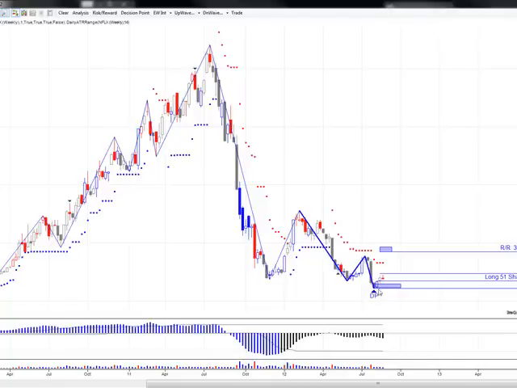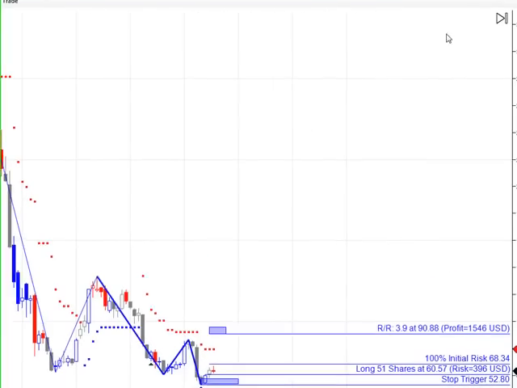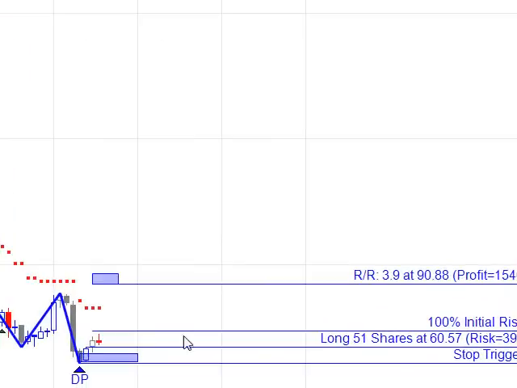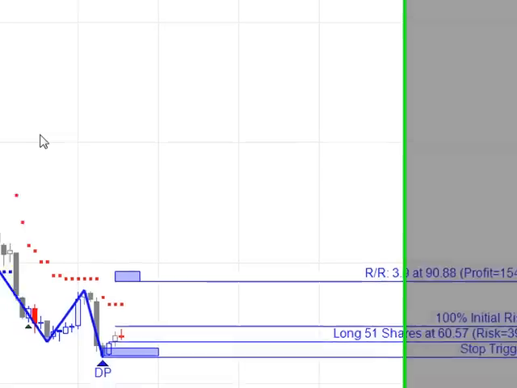We'll see if it's bottomed, and it can rally a bit more off of this area from 60.57 up to 90.88. We shall see. If it does achieve the 100% initial risk line there at 68.34, then you can just put a stop to break even there. If anybody was long this, one of our clients anyway, at 60.57, if you achieve that 68.34 level.